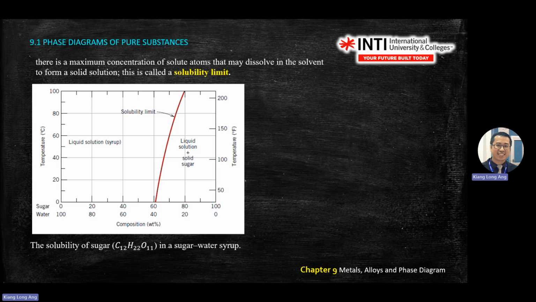So this is the two combination. The value you add up is always 100%, if you have two components. Now, on the graph itself, you will surely have a line called the solubility limit.